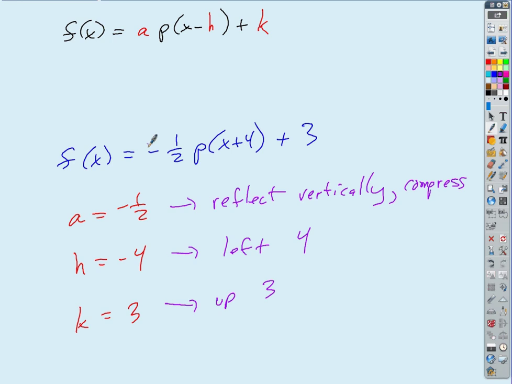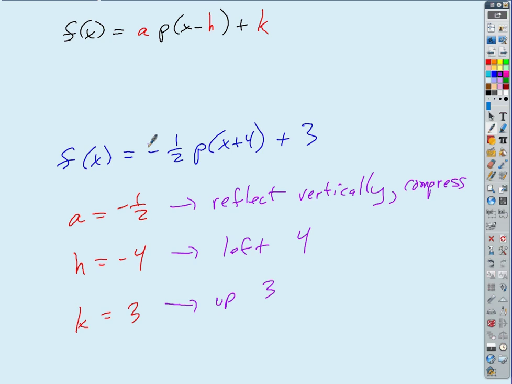All right, now by order of operations, I want you to tell me in which order I should apply these transformations. I want you to really pay attention to this because this is important. By order of operations, what would we have to do first? h. Okay, technically we do h first, wouldn't we? Because we do work inside the parentheses first, so we're inside the function.